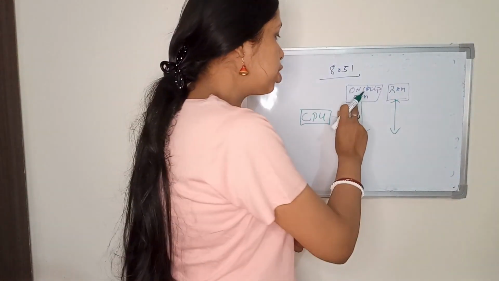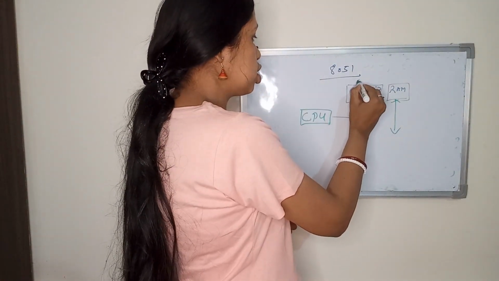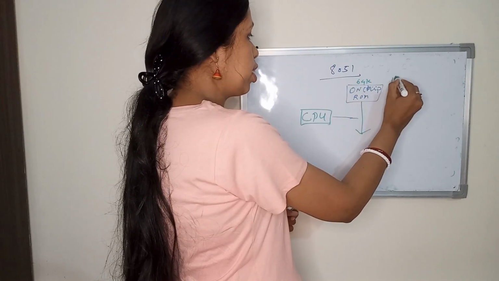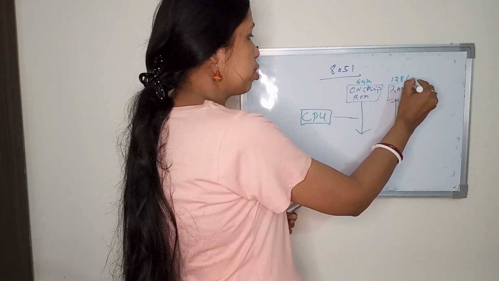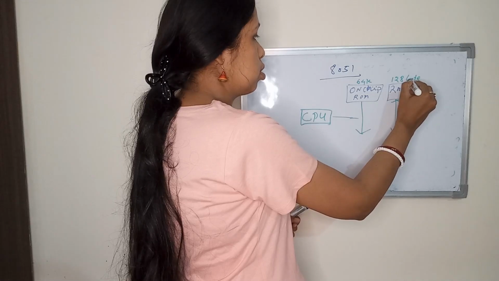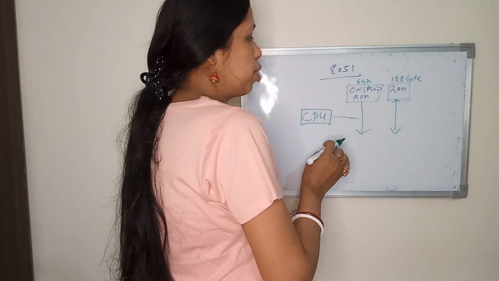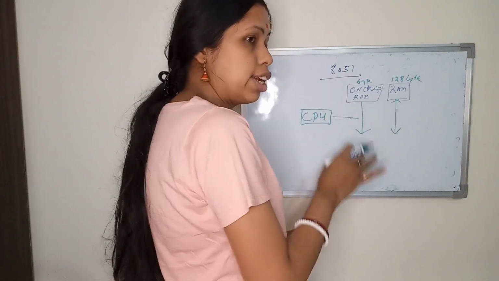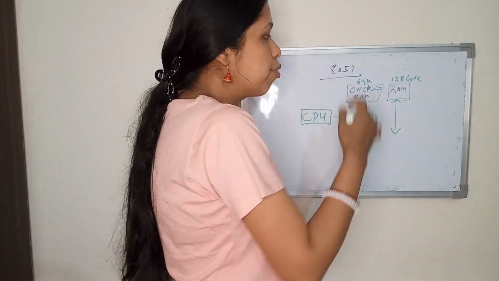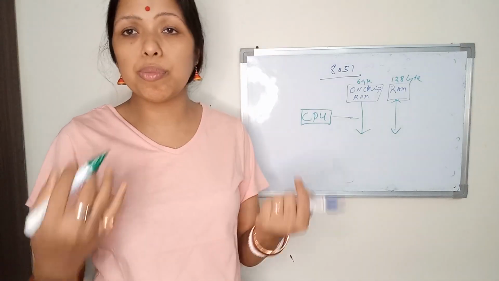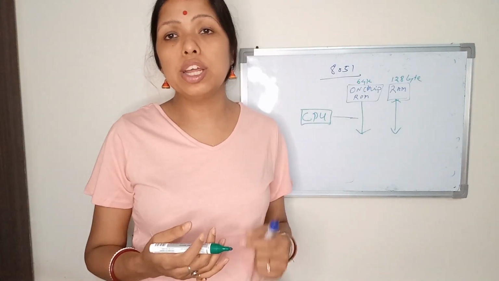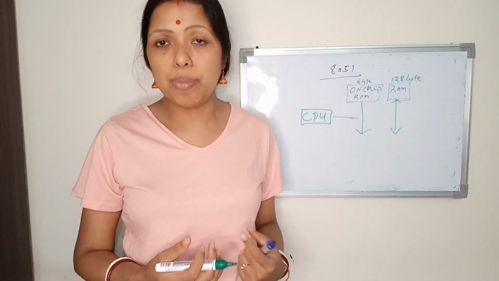The size here is 64K for ROM and 128 bytes for RAM. What does on-chip ROM mean? It is built inside the 8051 microcontroller. If you want to store more data, you need to connect external memory.